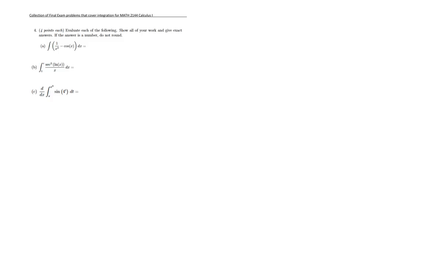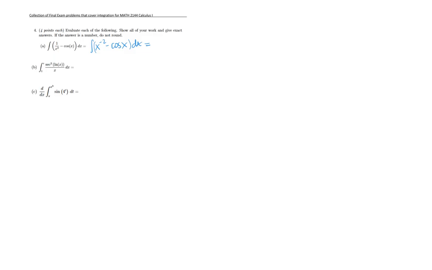For the next one, I'm just evaluating these integrals. So for the first one, I'm going to find an antiderivative here. I can just rewrite this as x to the minus 2 minus cosine x dx.